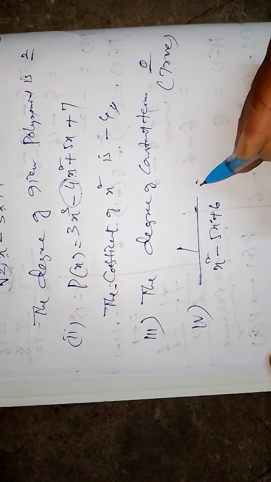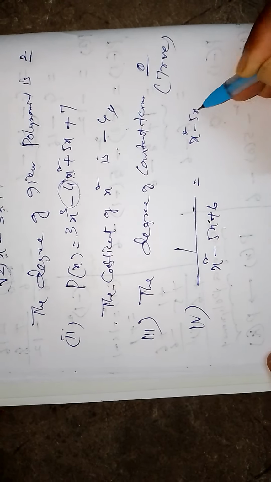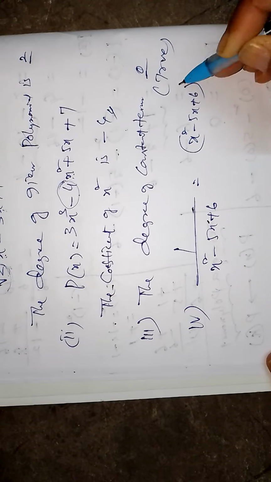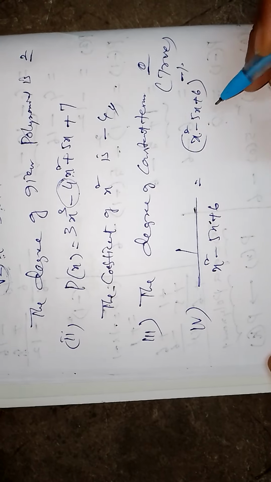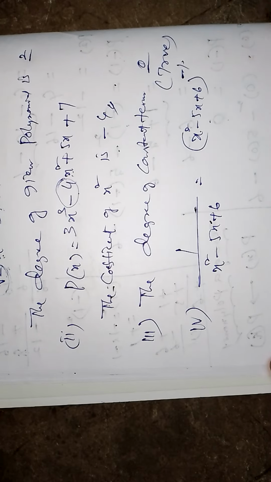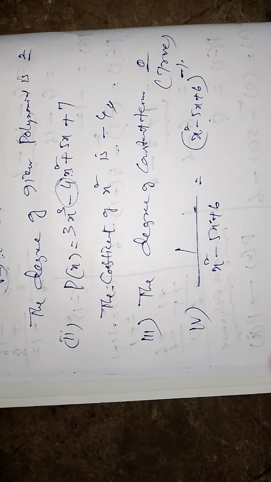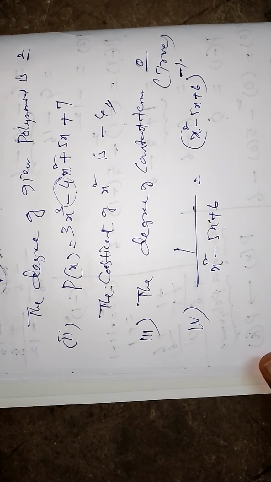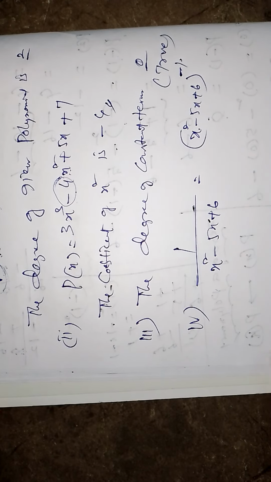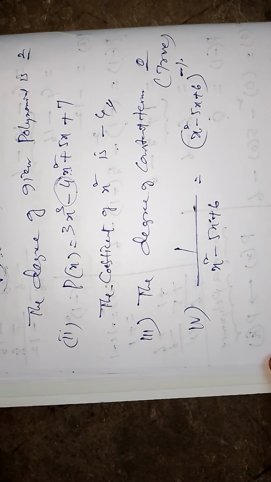If it comes to the numerator position, it is x square minus 5x plus 6 whole power of minus 1, and this power gets applied to the variable. If any variable has a negative power, it cannot be a polynomial. Why is it called a multinomial? A multinomial is formed by an expression, I mean it is nothing but an expression, not a polynomial. All multinomials may not be polynomials.